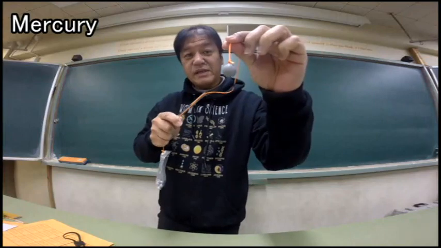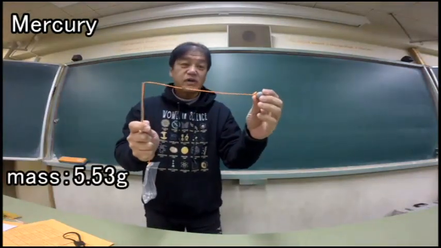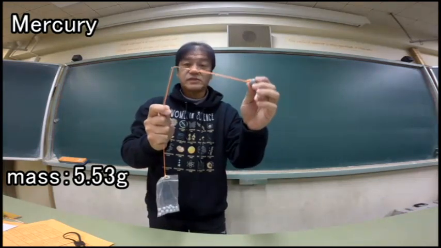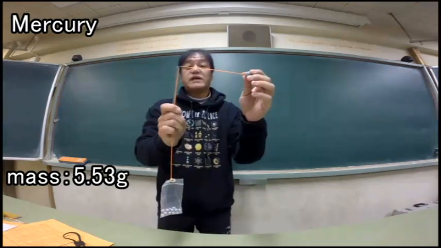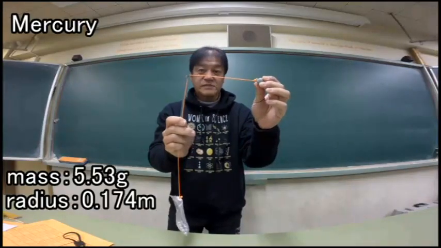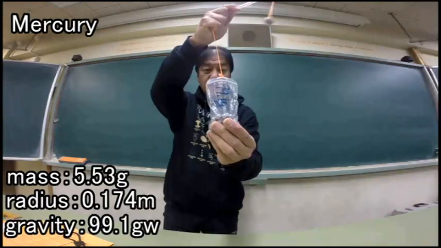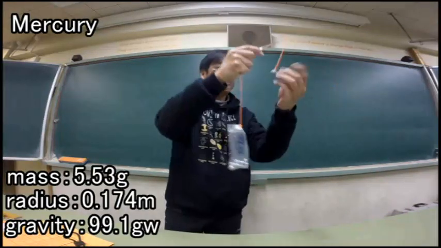Mercury, very small. Mass is 5.53 grams. Revolution radius is 0.174 meters. And universal gravitation is 99.1 grams weight.